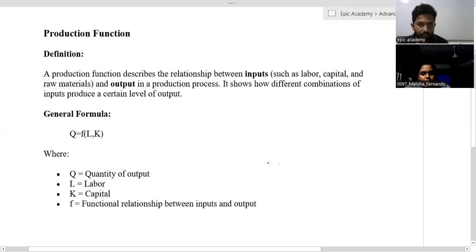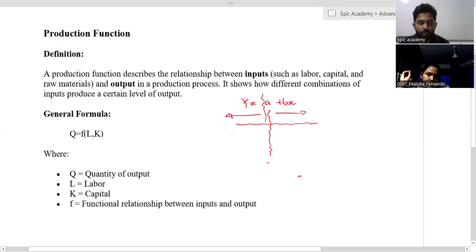So in here, each and every equation you can divide into two parts. As an example, y equals a plus bx. So this is the left side and this is the right side. These are the two types of parts related to any kind of equation.